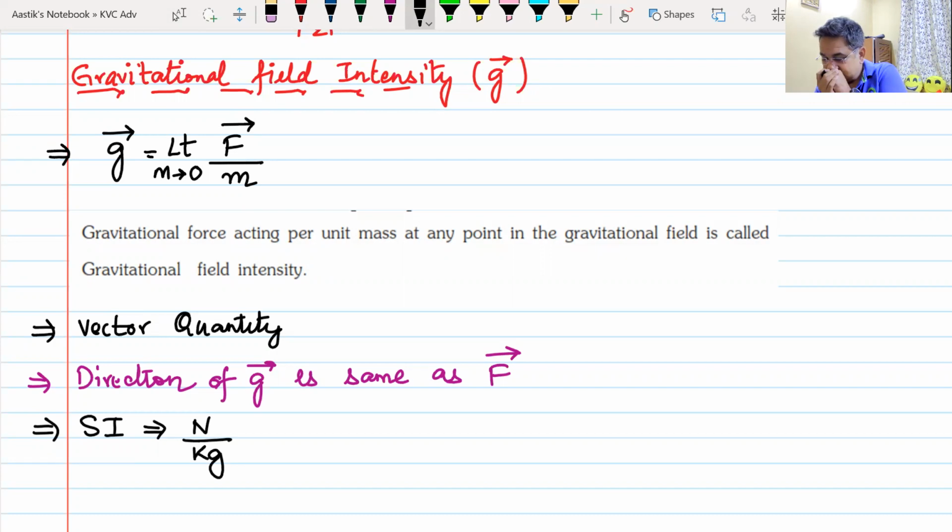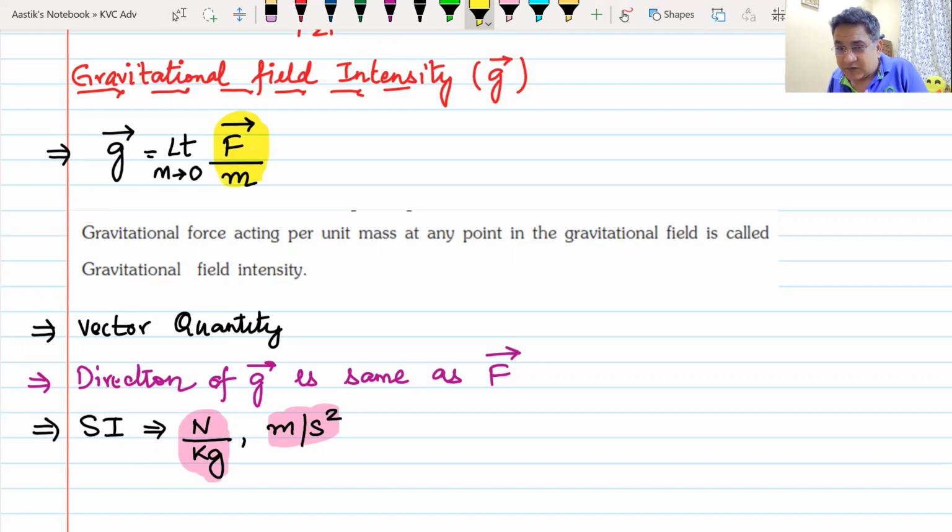Acceleration. Though it is not written as acceleration, you can also write it as meter per second square, which is actually the same as Newton per kg. When we say gravitational field, we normally write it as Newton per kg, but this is exactly the same as meter per second square. Force per unit mass, force divided by mass, is acceleration.